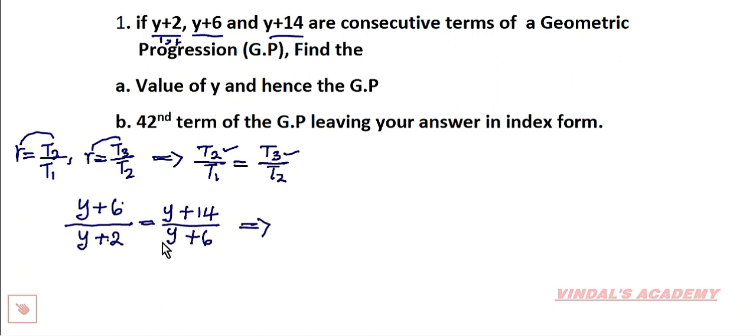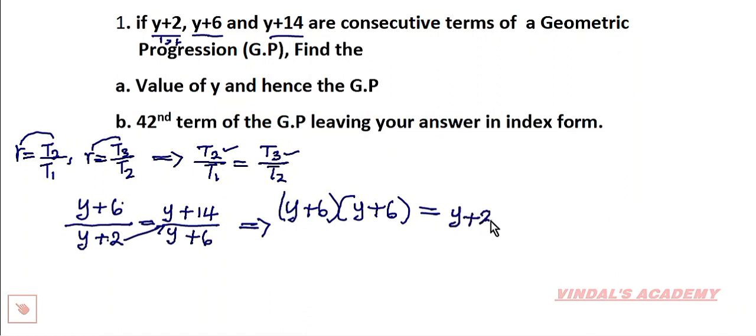It's not opening the bracket, we are clearing the fraction. So this is going to be y plus 6 multiplied by y plus 6, and this is going to be equal to y plus 2 multiplied by y plus 14.